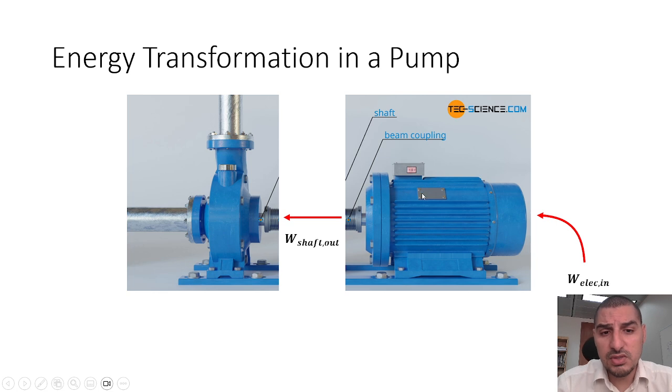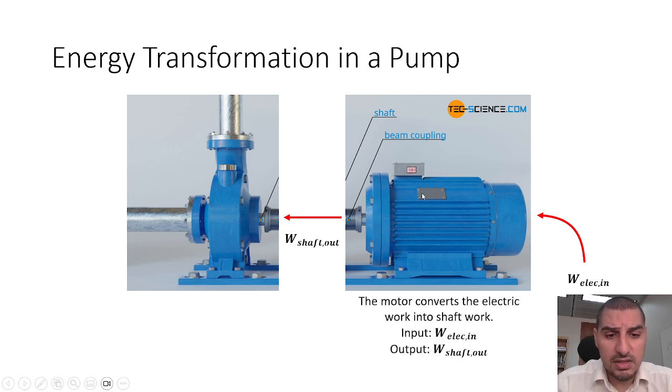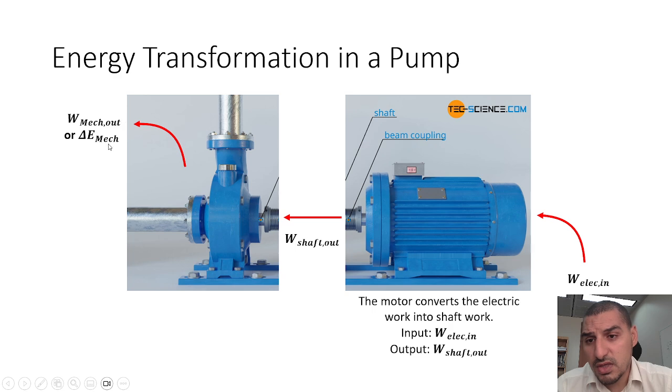So the input to the motor is the electric energy, and the output is shaft work. On the other hand, for the impeller, we have shaft work going in and mechanical work going out, or what we call delta E mechanical, which is the difference of energy between the output and the input.